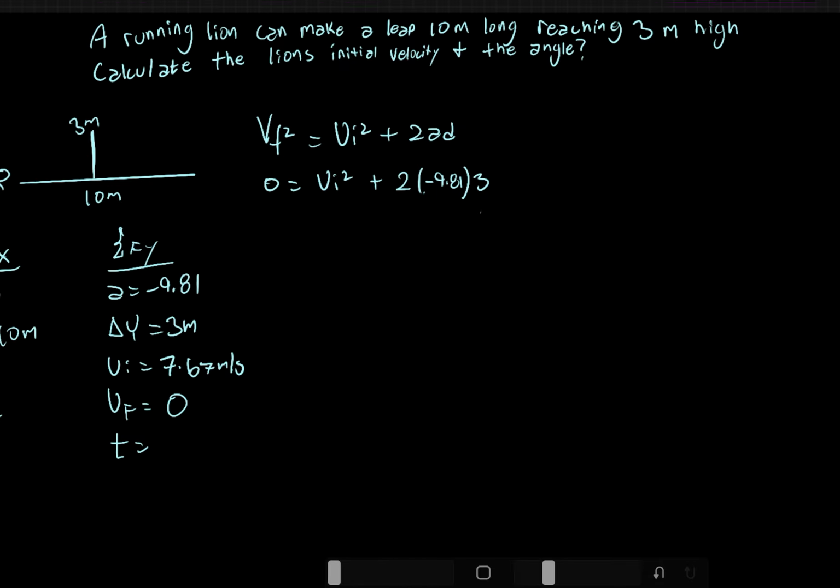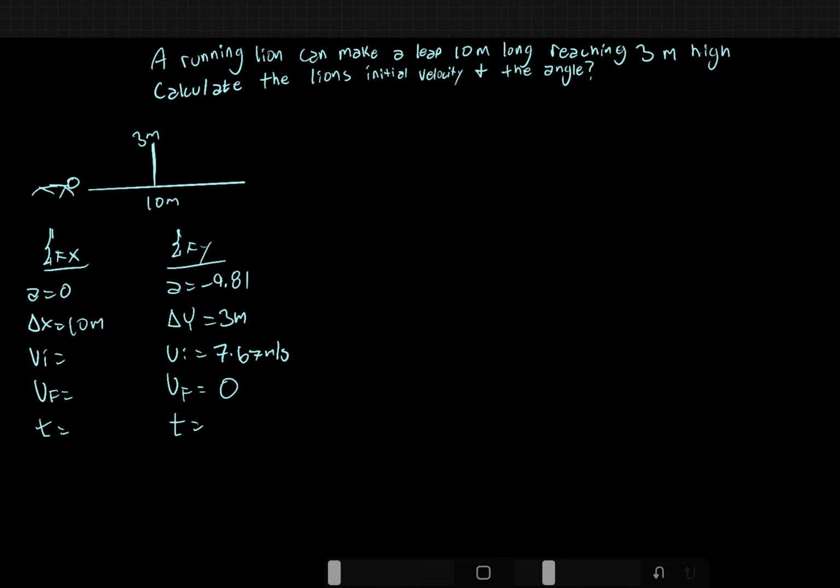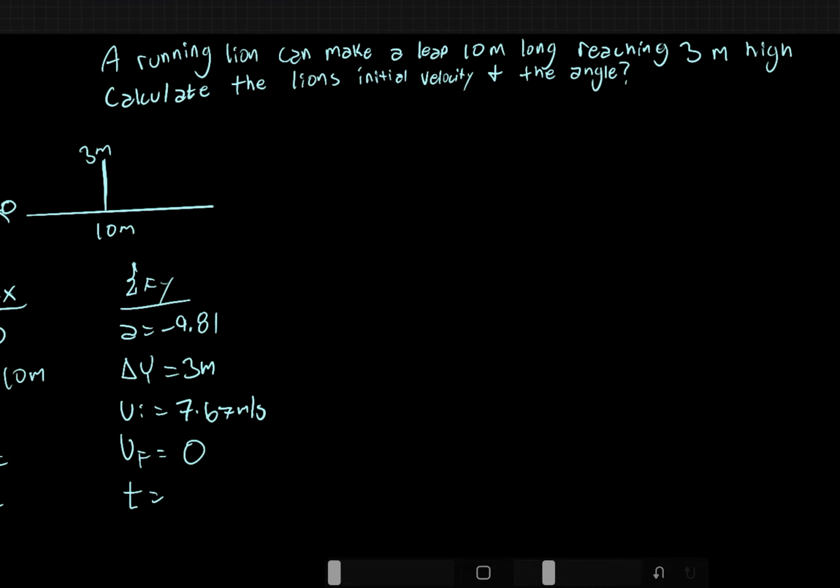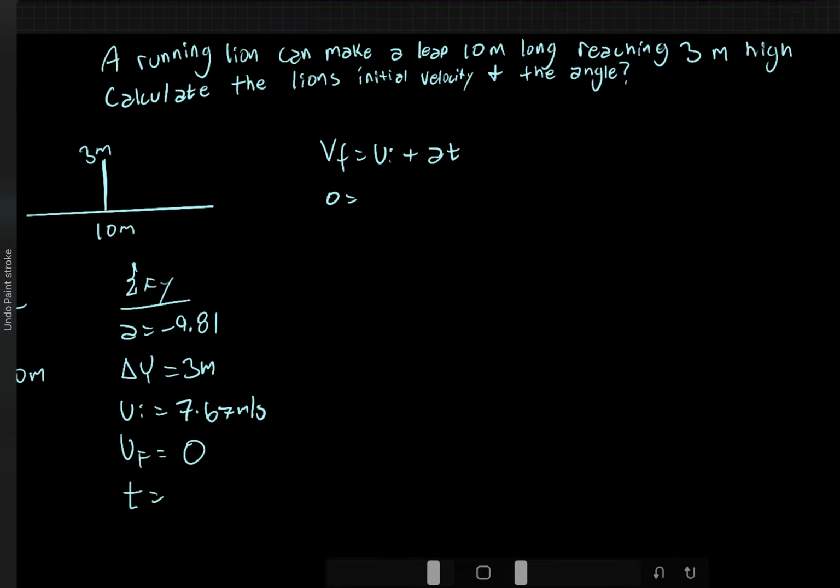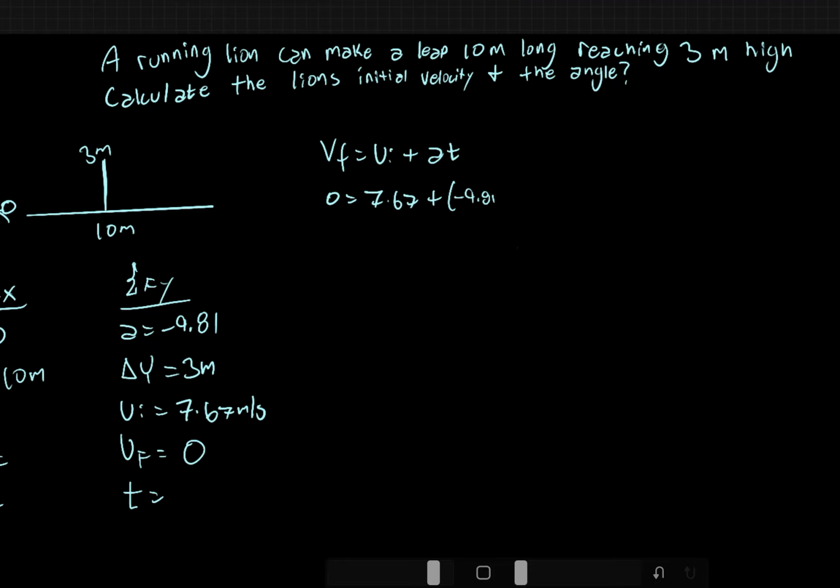So we'll erase this to give me some space. And we could use that information to find time, and that's how we will connect it with the x component. So let's use this formula. V final is equal to V initial plus acceleration times time. So V final is 0 again. So now we have our V initial 7.67 plus acceleration.